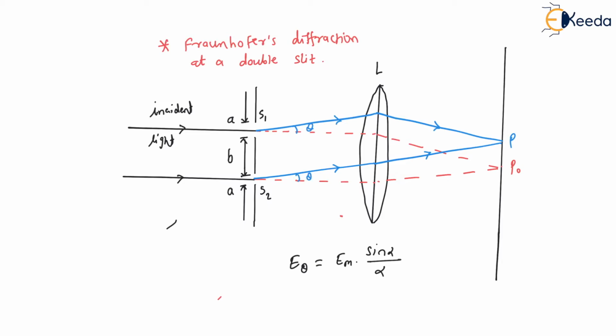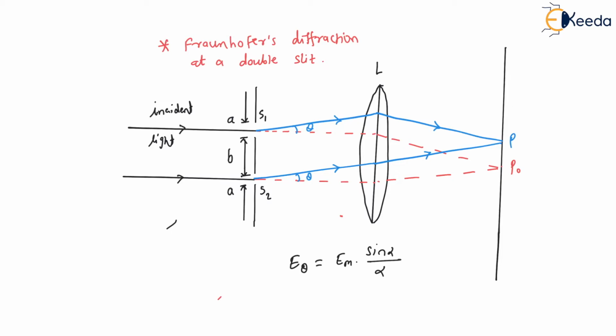Again, same here. These diffracted waves are at an angle theta with the normal, and this convex lens will converge the light at a single point P. So now we have to find out the nature of this P, whether it is a maxima, secondary maxima, or minima, and what the conditions for that are.